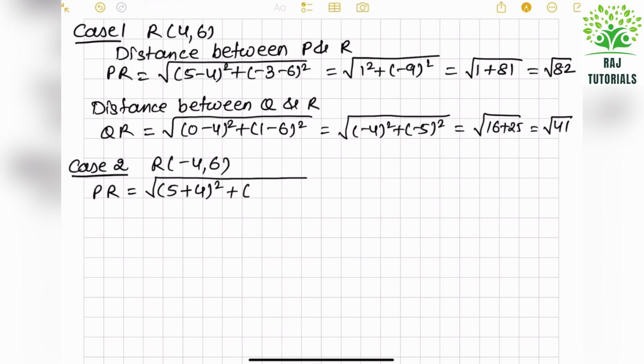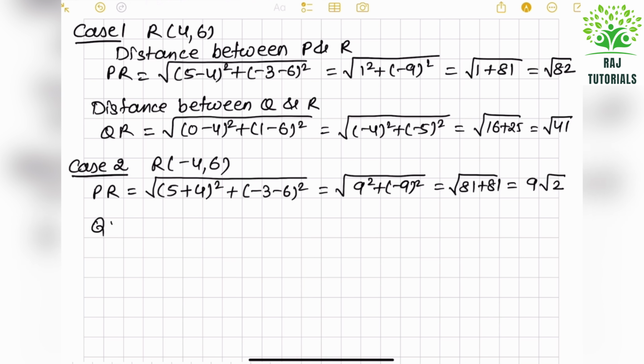So (5 plus 4) whole square plus (minus 3 minus 6) whole square. So that will be 9 square plus minus 9 square. So that is root of 81 plus 81. So that will be 9 root 2.